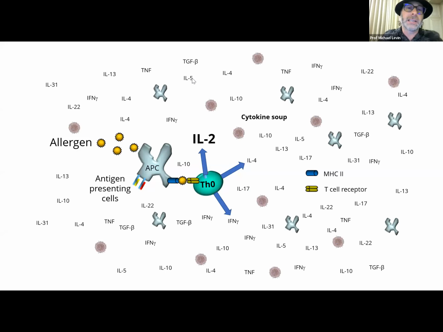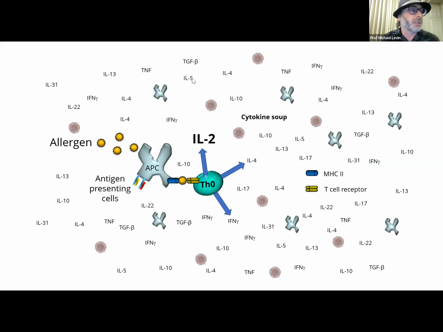Not only is it surrounded by other antigen-presenting cells that themselves are secreting a whole bunch of different interleukins and cytokines, that soup, that environment around it, is also changed by your genes.